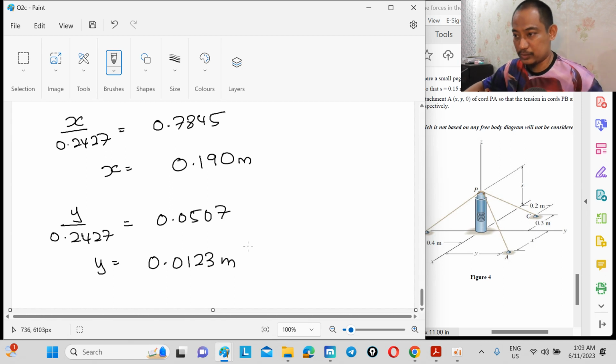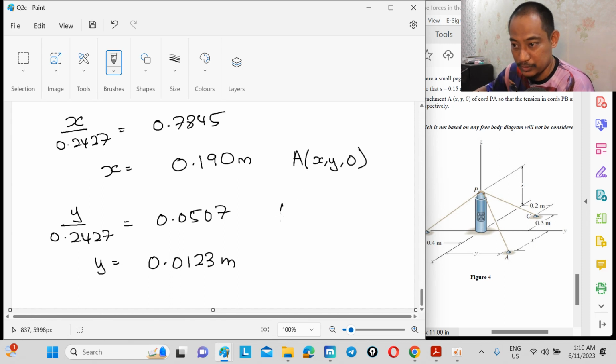Now the question asks what is A in terms of coordinates x, y, 0. So the answer will be A equals 0.19, 0.0123, 0. That would be the answer, right?